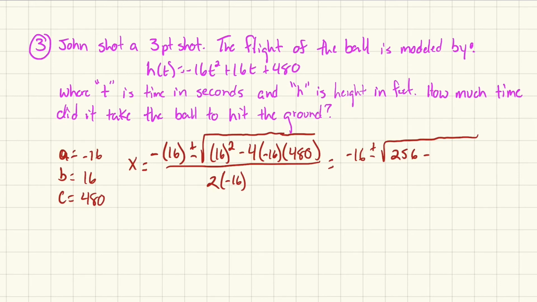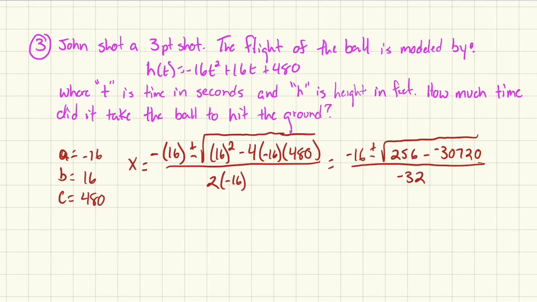So 4 times negative 16 times 480 is negative 30720. All of that is over 2 times negative 16, which is negative 32.